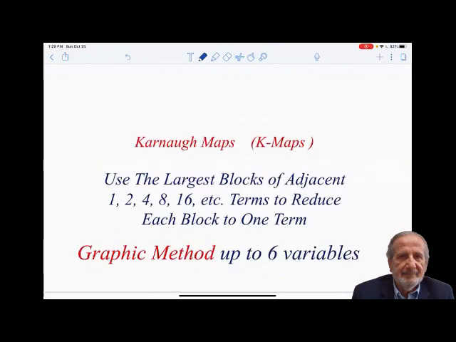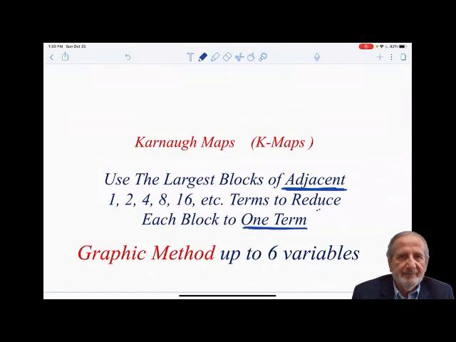This is called the Karnaugh Maps. The idea here is to use the largest blocks of adjacent, very important, adjacent cells: 1, 2, 4, 8, 16, etc. So multiples of 2, except for 1. And then reduce each block to one term.